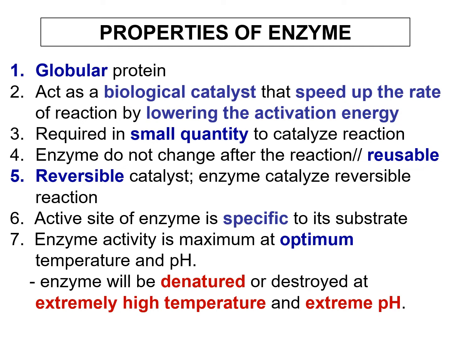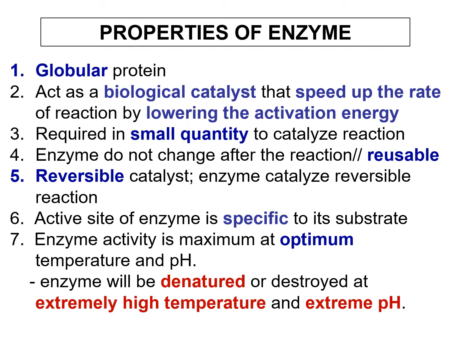We have to memorize the properties of enzyme. First, enzymes are globular protein. And then it acts as a biological catalyst that speeds up the rate of reaction by lowering the activation energy. Only a small quantity of enzyme are required to catalyze a reaction.